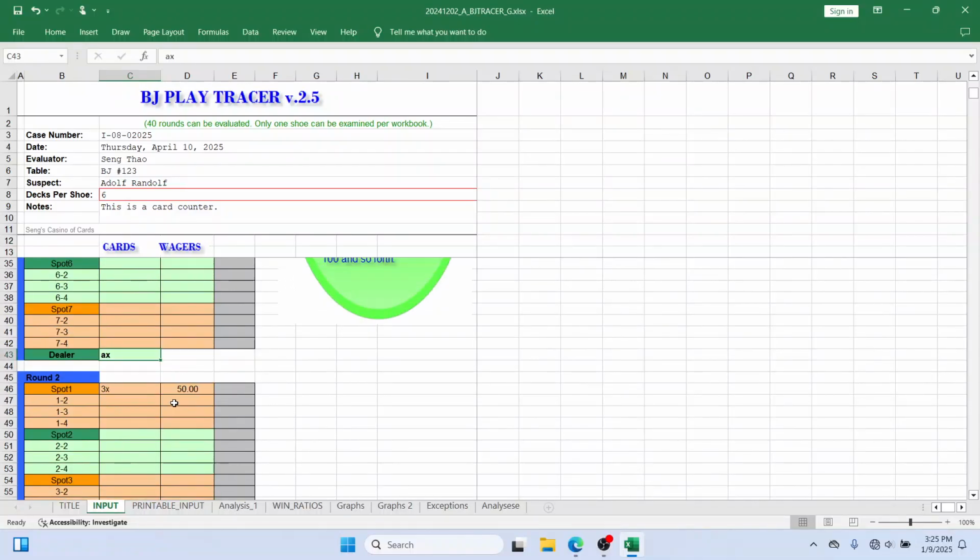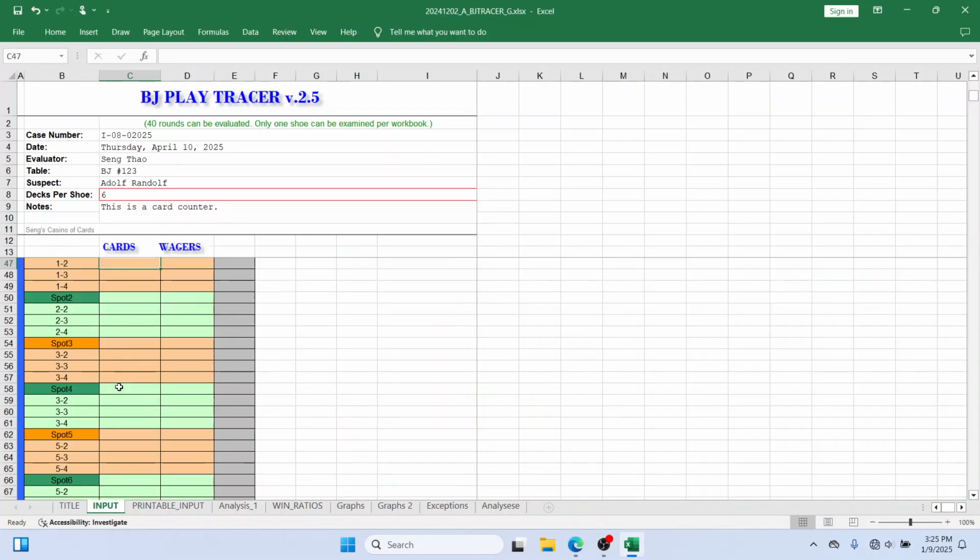If you want to override the win, loss, or push, you can input it in here as well. Other than that, the application will automatically calculate that for you when you go to the win ratio analyses and the graphs and charts.